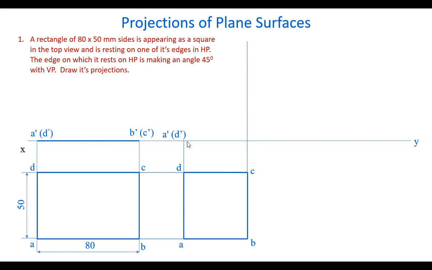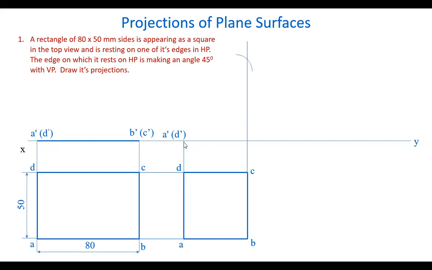That's why in the front view, of course, BC will be lying only on these projectors, right? It can't be away from it. So we have drawn the projector from BC. And now let's draw this front view by taking this length 80 mm as radius and this A dash or D dash as the center.